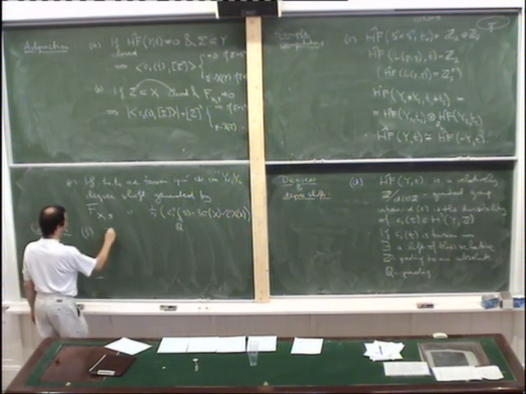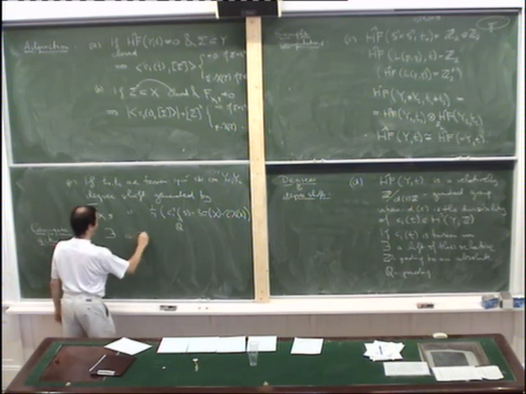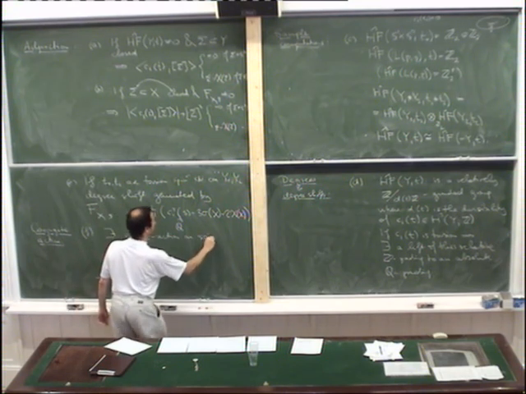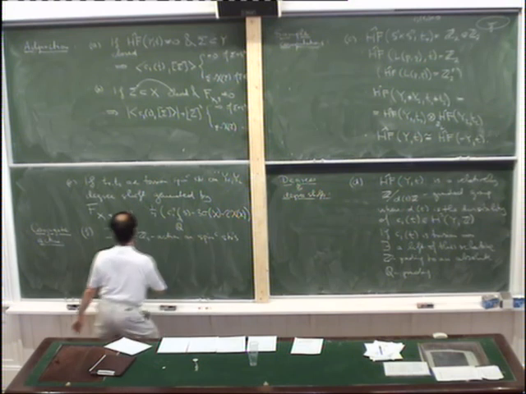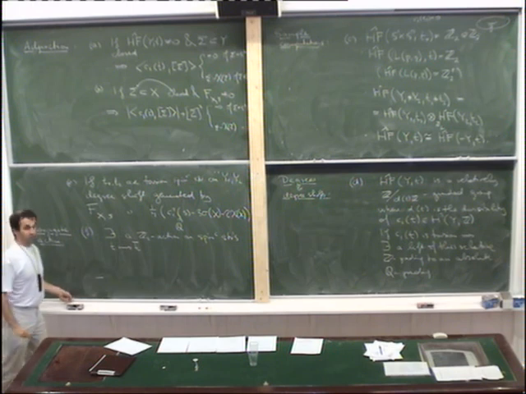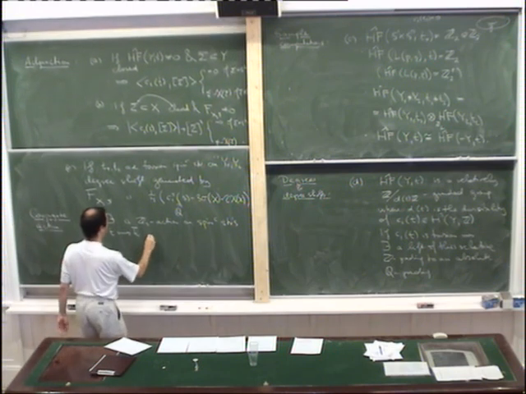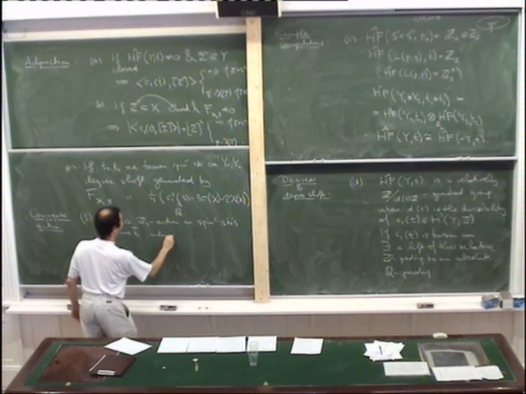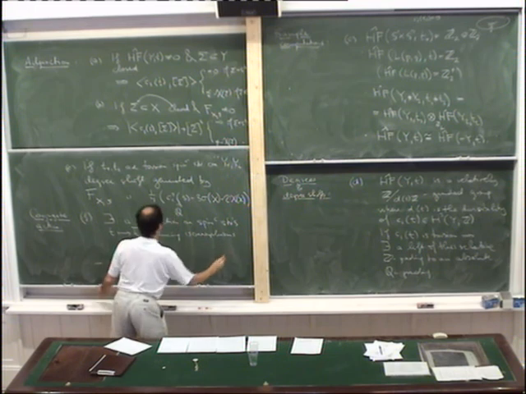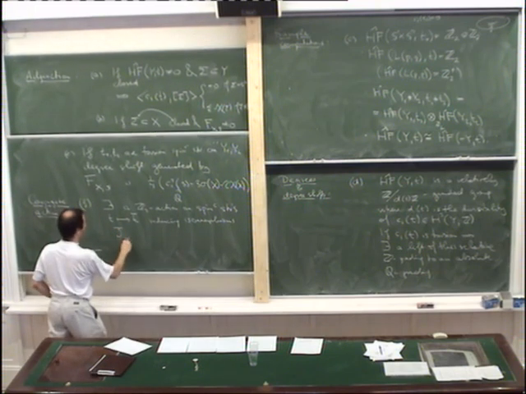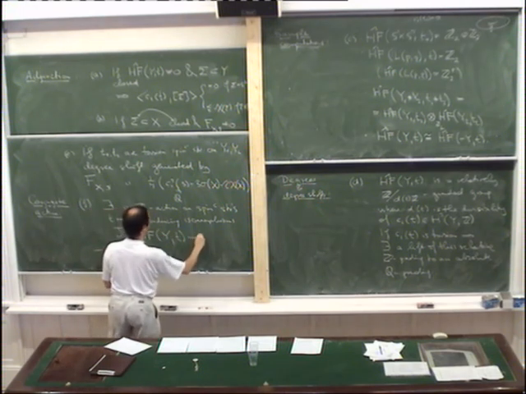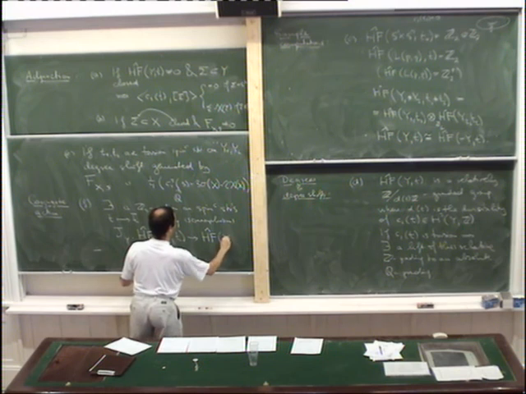There is a Z2 action on spin C structures sending T into T bar, which I will describe in a few minutes, inducing an isomorphism J_Y from HF hat of Y, T to HF hat of Y, T bar.